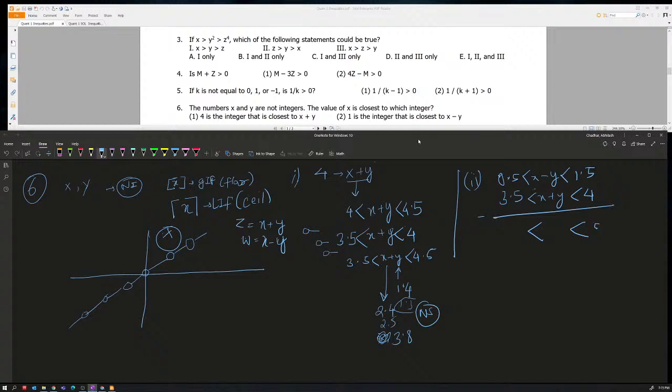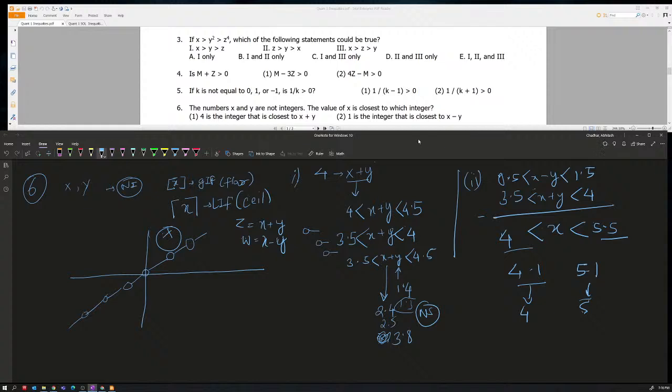This becomes 4 and this becomes 6, and y cancels out. So x is in between 2 and 3. It could be 4.1, so it is closest to 4 here, or it could be 5.1, closest to 5. So there are two possible values.